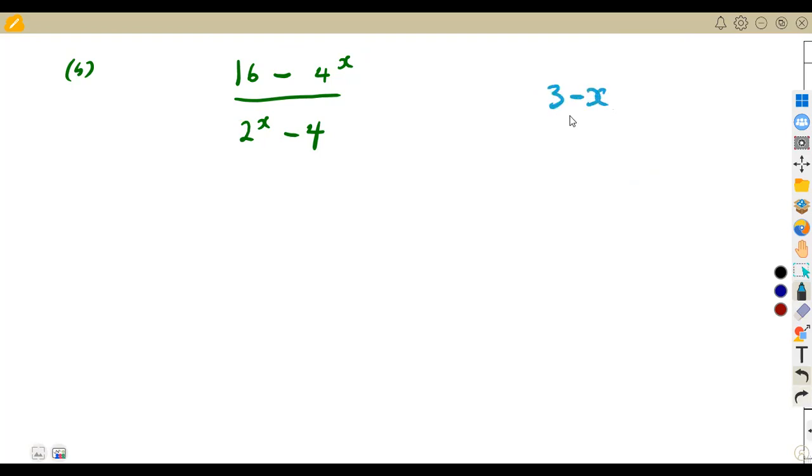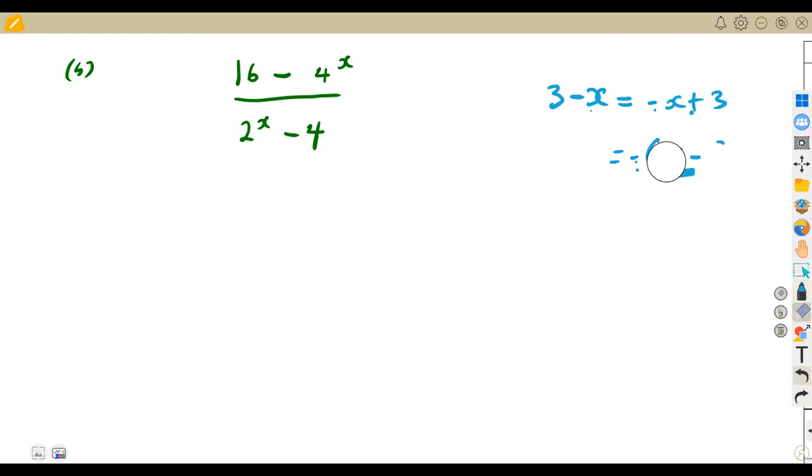How can I make this positive? This here is the same as minus x plus 3. I haven't changed anything. Then for me to make this x positive, I factor out a negative. Negative, negative, it becomes a positive. Positive and a negative gives us a negative. So now I have x as a positive.